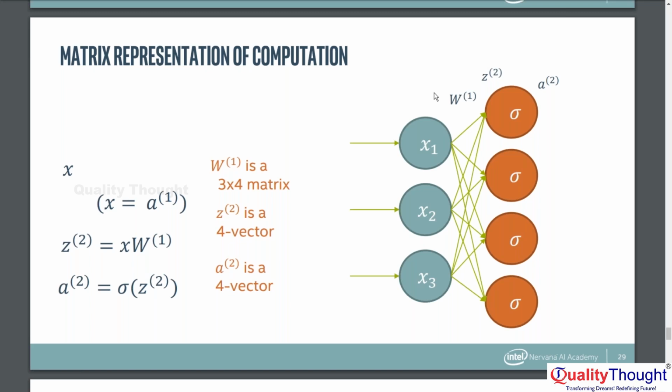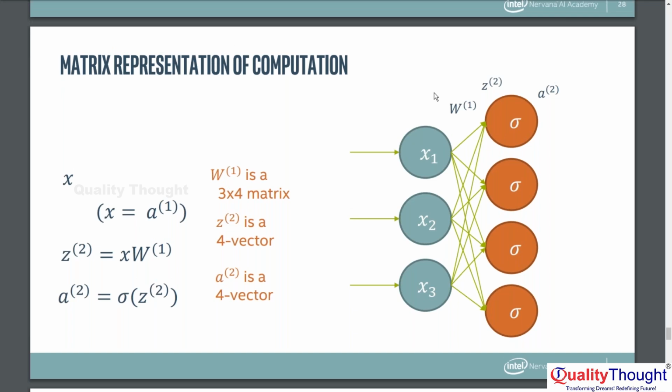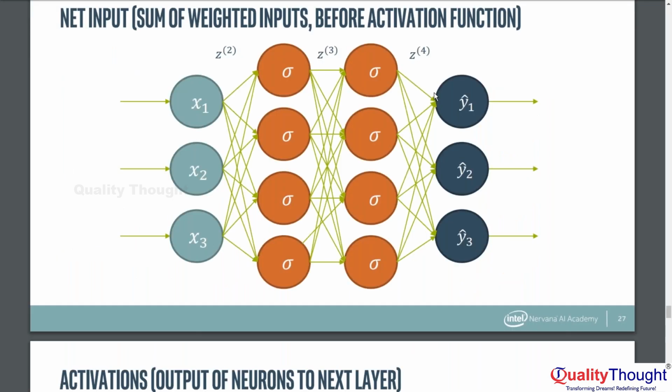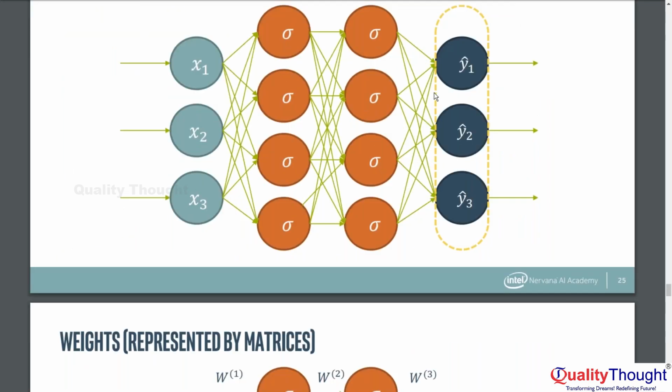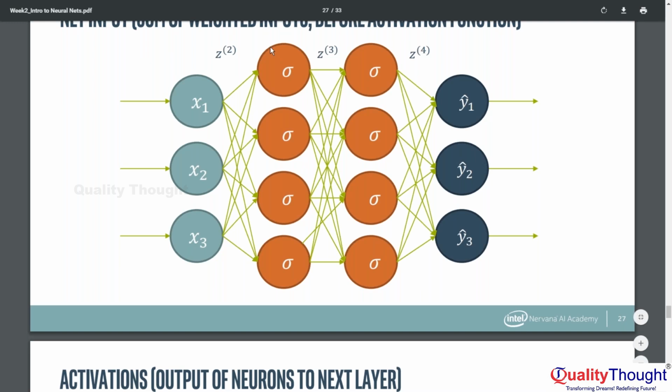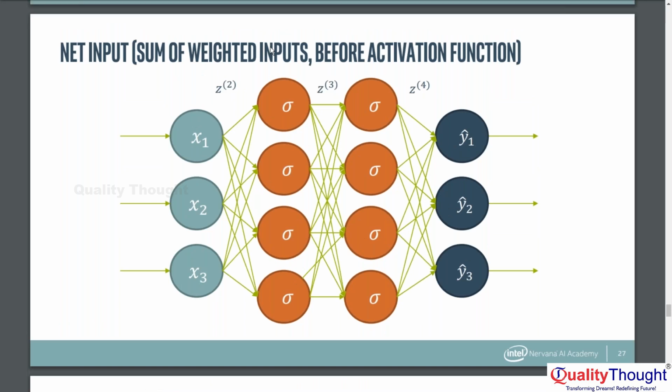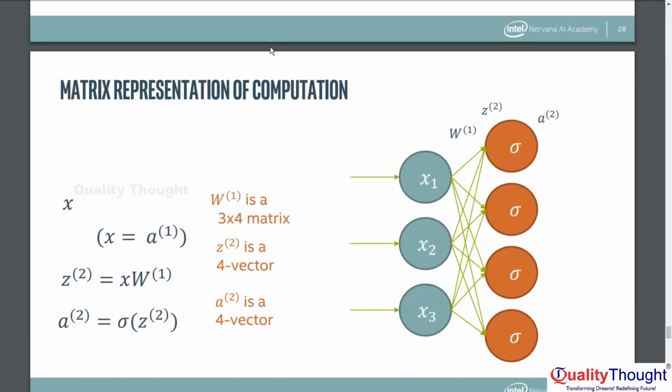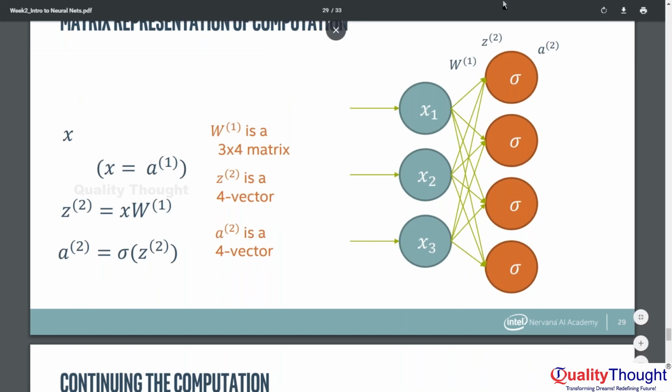And z of 2 is where you are trying to get the net input. Once the processing is done, before you send it to an activation, before the activation function happens, the sum of the weighted inputs is a 4 vector, and this is a 4 vector.